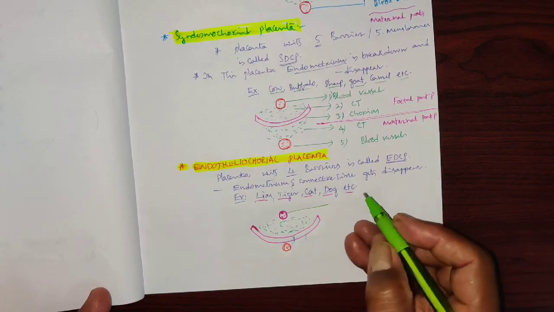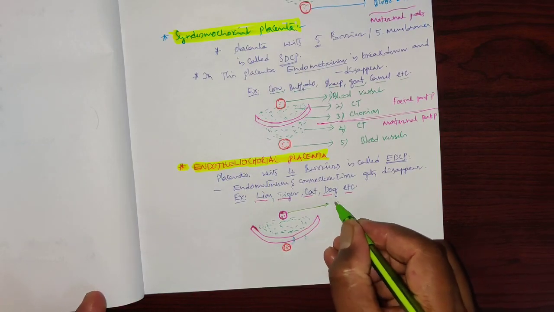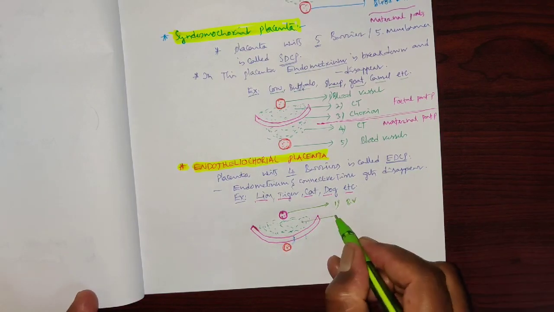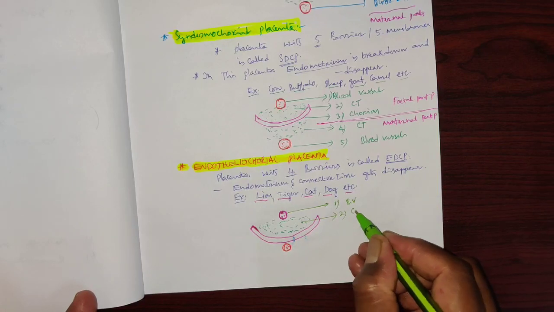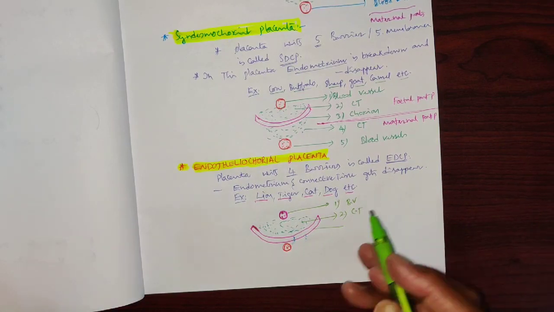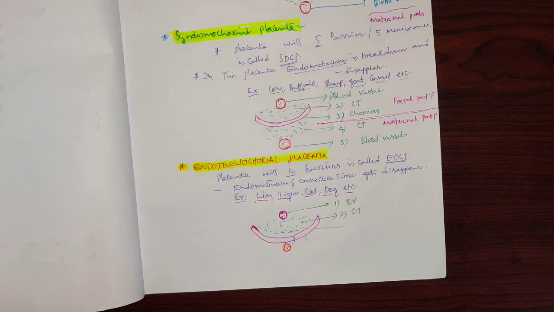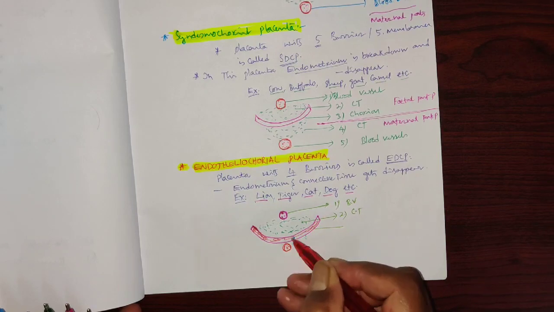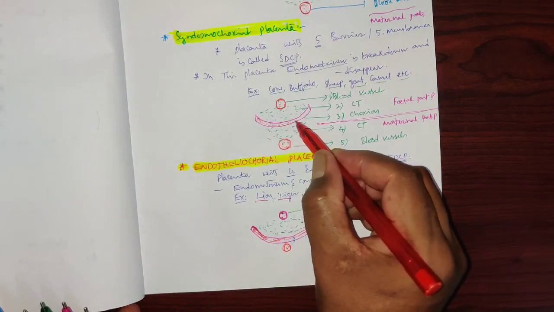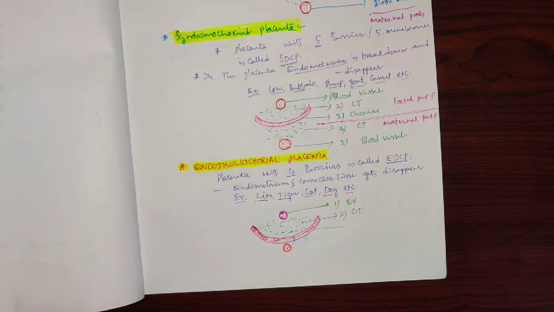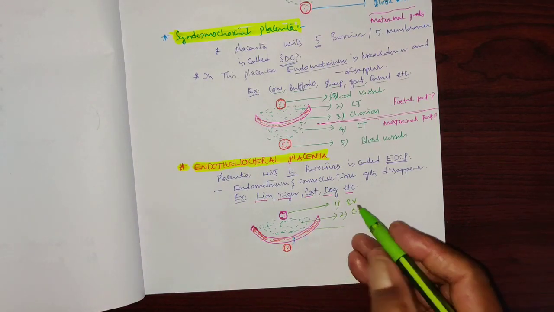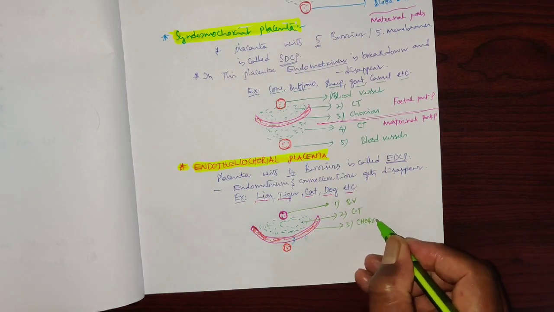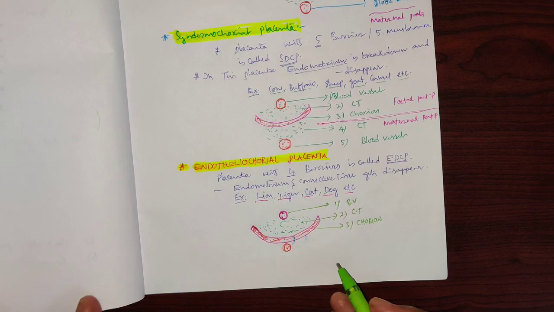This is blood vessel, connective tissue. This is chorion of fetal.